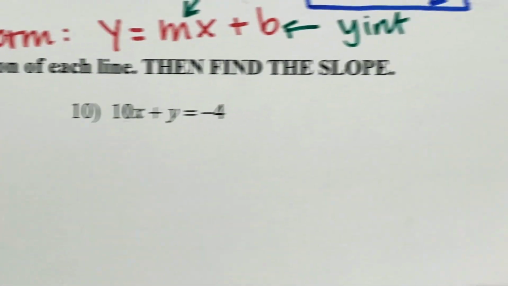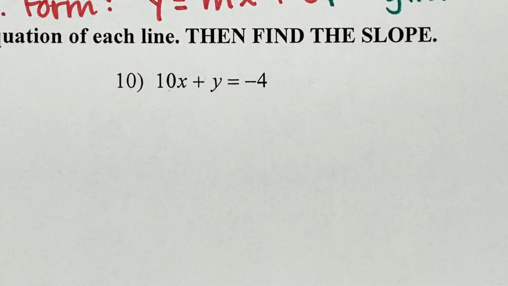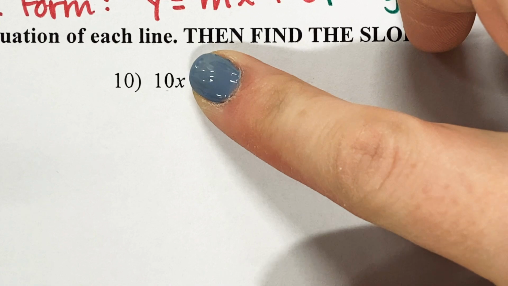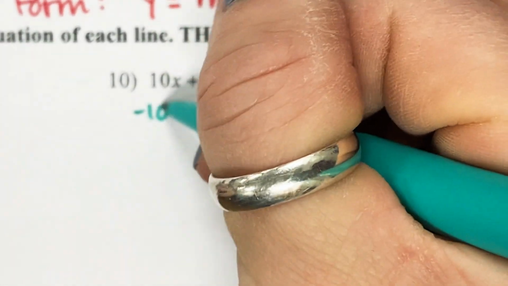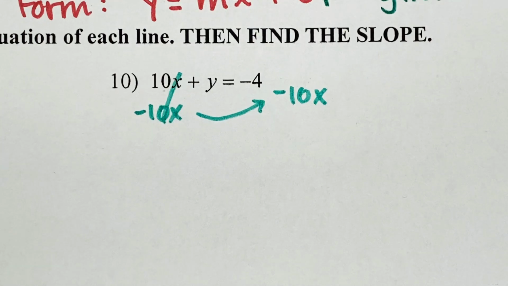Okay, last example. We can ignore the negative 4, he's already over there, but we need to get rid of whatever is farthest away, which is this 10x. So what is the opposite of positive 10x? It's going to give me negative 10x, and that's going to move him over there.